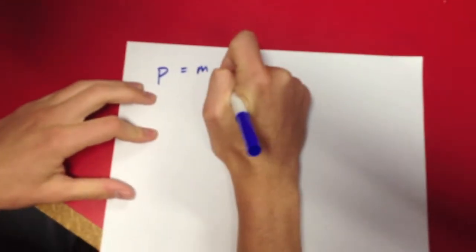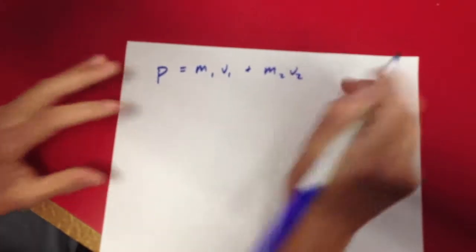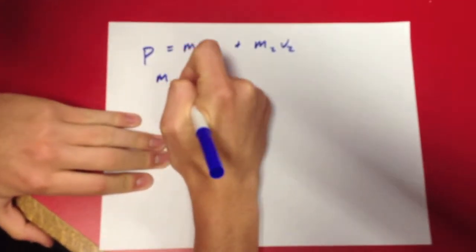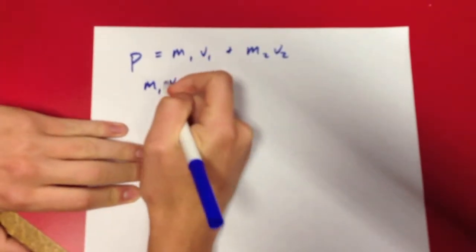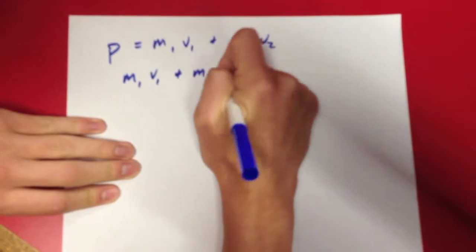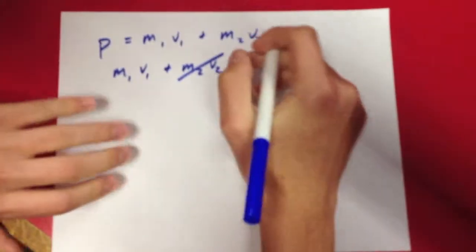The equation for momentum is P equals m1 v1 plus m2 v2. Initially, Andrew and I were m1 v1, this was Andrew as he was moving, plus m2, which was me, v2, but I had no velocity, so this cancels out because v2 would be equal to 0.